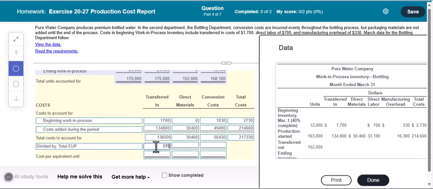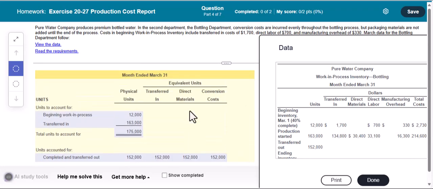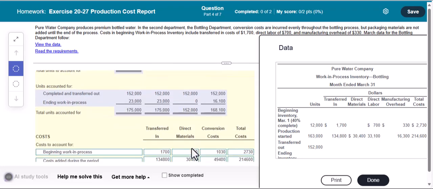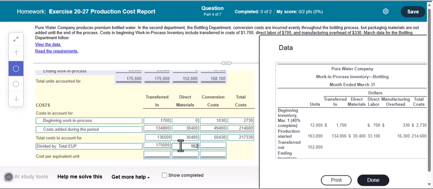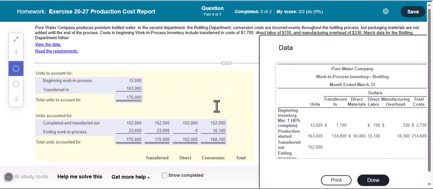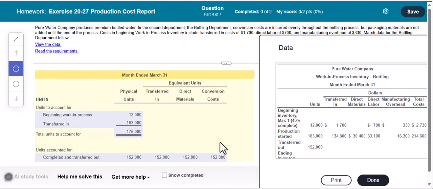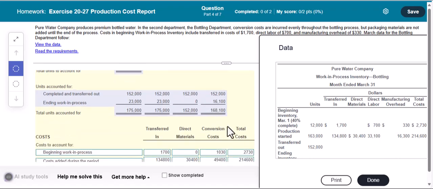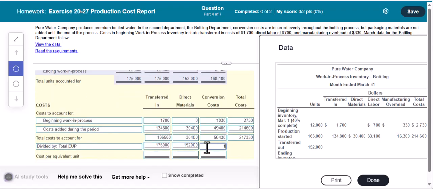And then for direct materials, scroll back up here, make sure it matches direct materials, 152,000. Then conversion costs. Let's have a look up here. That's that 168,100. Just double checking that it does say conversion costs here. So 168,100. Bring that down.